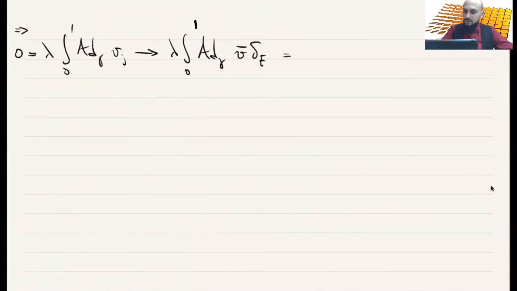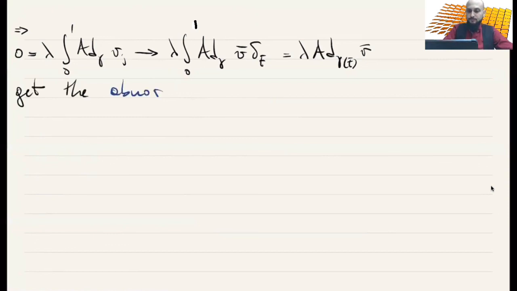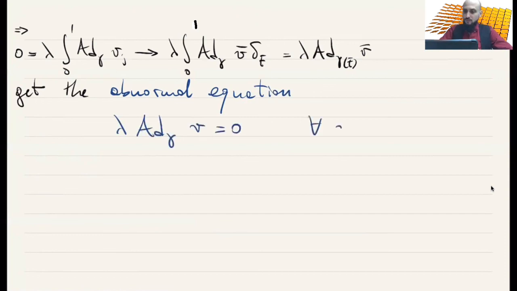When I integrate, this is just the value of the function, put gamma at t bar, v bar. So what we get is what we call the abnormal equation, and it is lambda add gamma v equal to 0 for all v in the horizontal space of the identity.